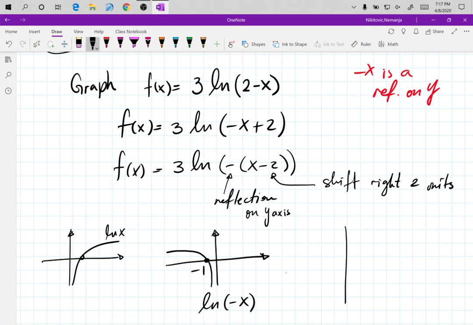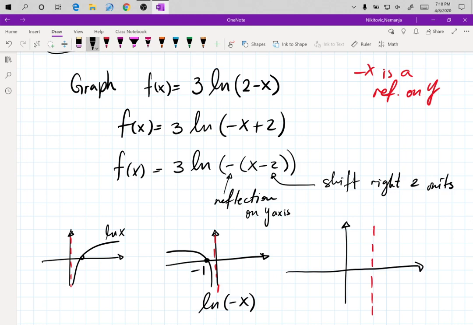And we can stretch it by 3 as well. So my asymptote is always on the y-axis until you shift left and right. So now we shifted right 2 units. So my asymptote that used to be on the y is going to be now at 2.